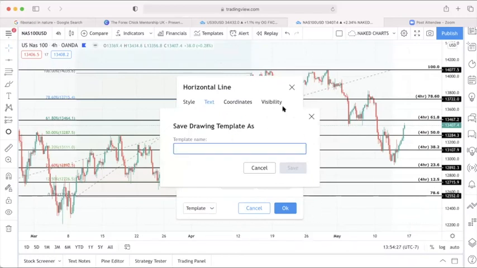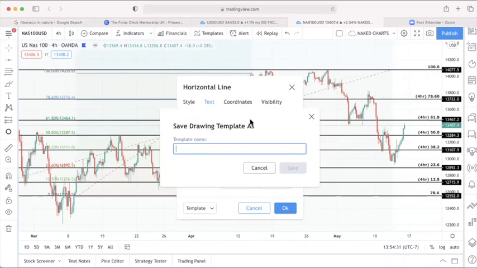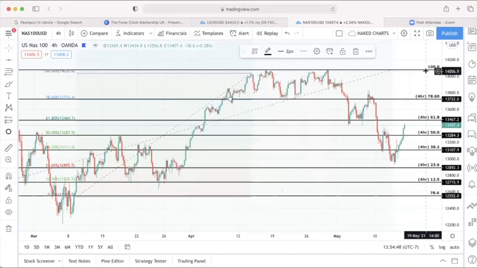I know this is going to take a while the first time, because you have to label each one of these, but then for the future, you don't need to type it.